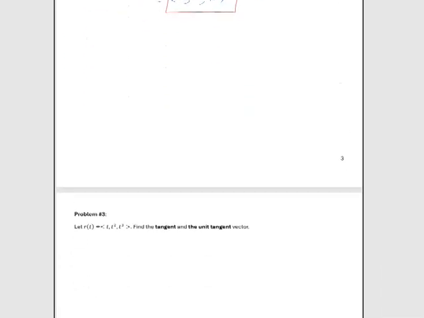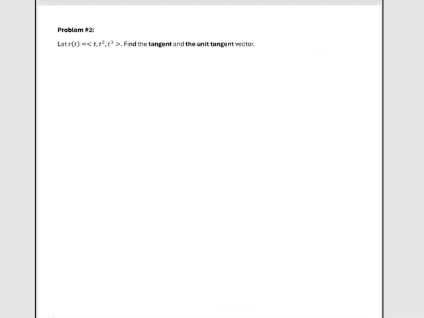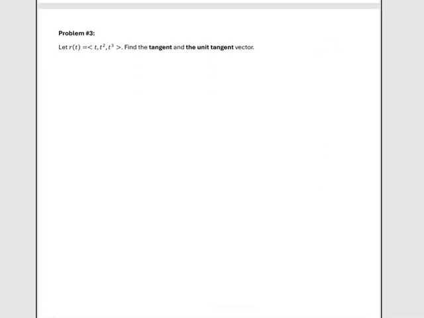Okay, let's take a look at example 3. In example 3, they want us to do two evaluations. So the first one is the tangent vector.